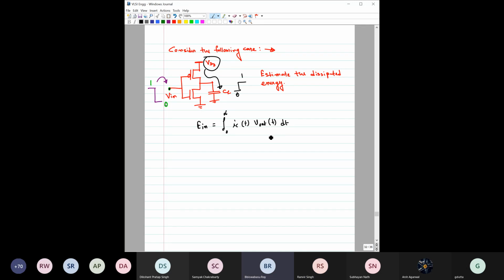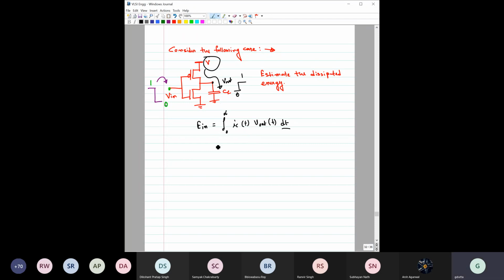So instead of V out, we should write VDD. No, V out, I'm saying this one. So the upper limit should be VDD, I guess. This upper limit here we are doing in terms of time, sorry. So finally we can put it in VDD, right? Okay, so let me just put it V.